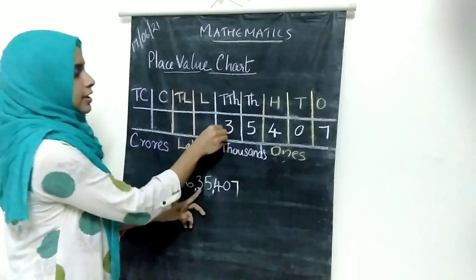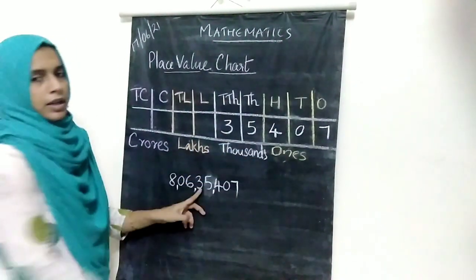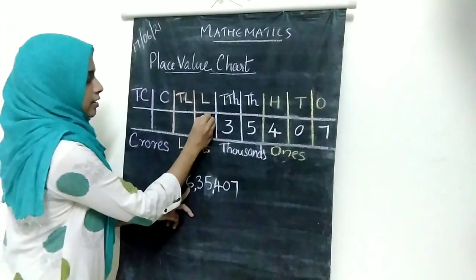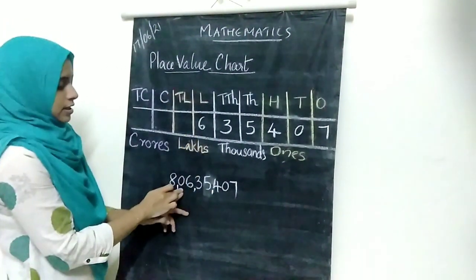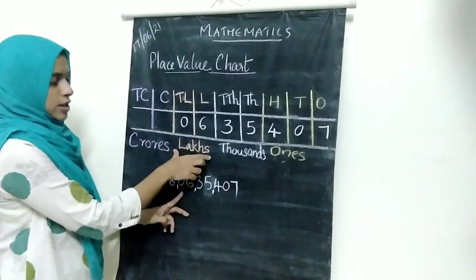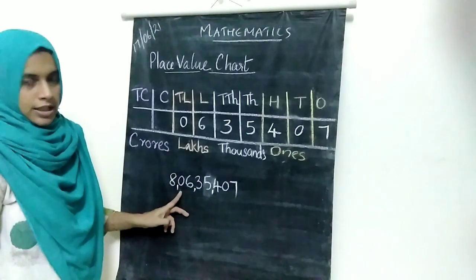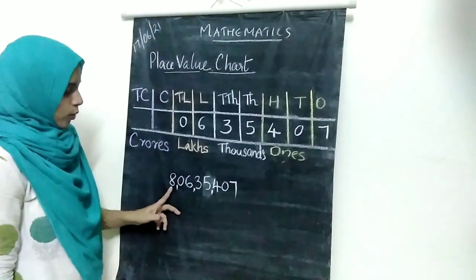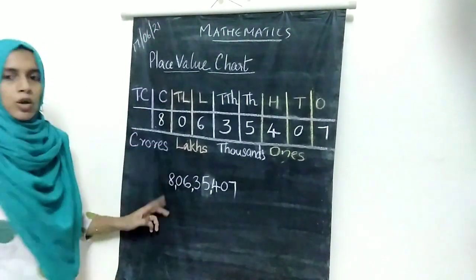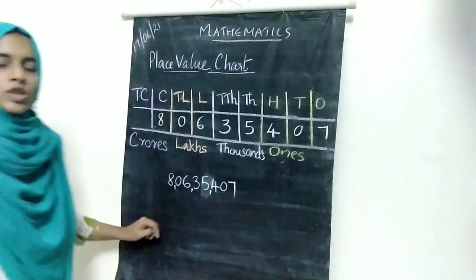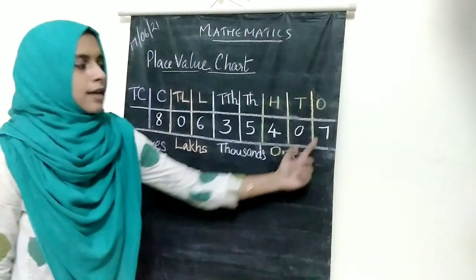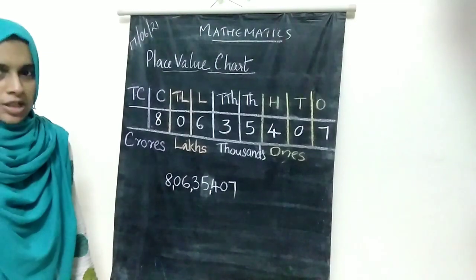So, we have completed 1000's period. Next number 6. Then 0. We have completed lakhs period. Now, we have only one number. So, that is in the crores period. So, the first part of the question is completed. We have arranged the numbers in place value chart.